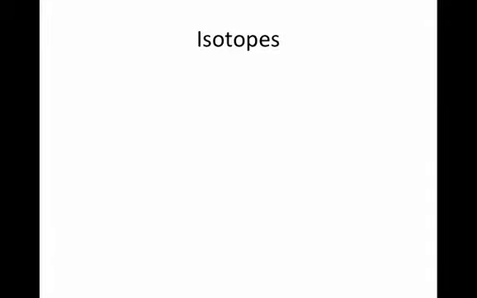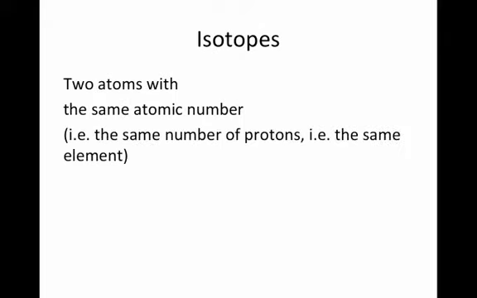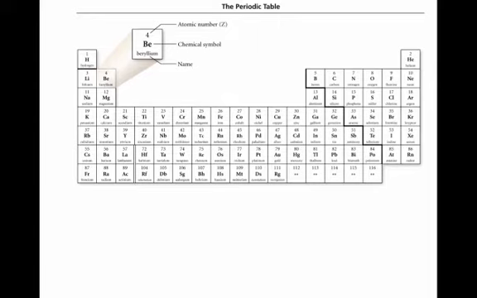In other words, if you have two atoms with the same atomic number, so the same number of protons and the same element, but different masses, they would have been in different streams because they have different numbers of neutrons. These are called isotopes. Let's look at this a little bit further.